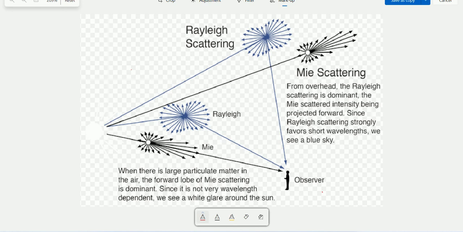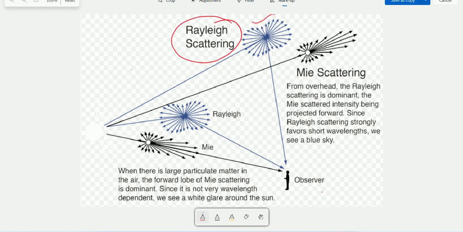And see, what is going on in the atmosphere is that the gas molecules scatter these shorter wavelengths like violet and indigo, and that type of scattering is known as Rayleigh scattering.